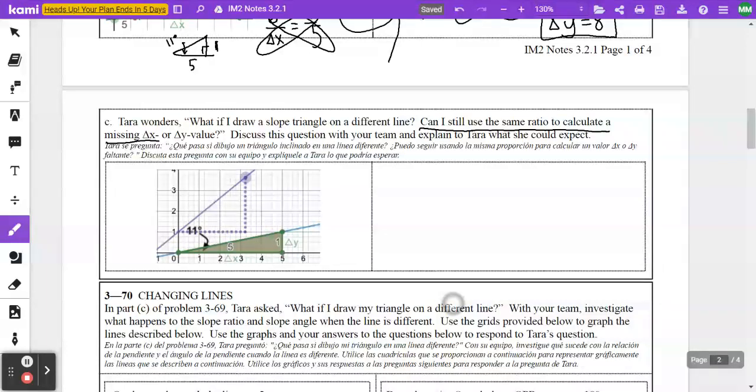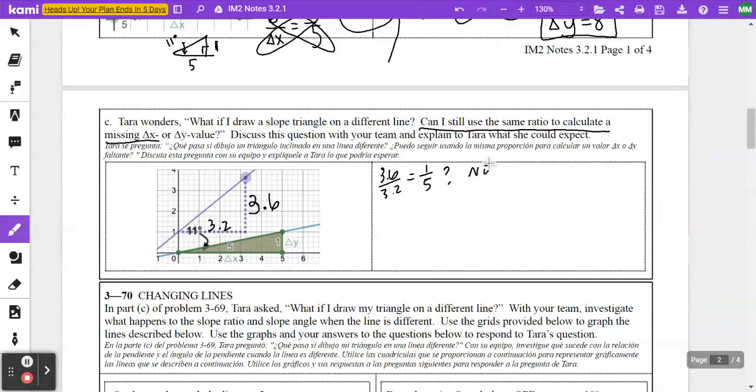We have two things drawn here. This is a different line, and it looks like this line has rise 3.6 by run 3.2. Does 3.6 over 3.2 equal 1/5?